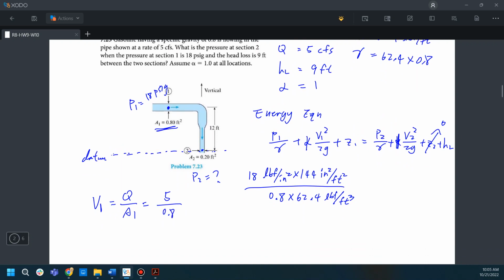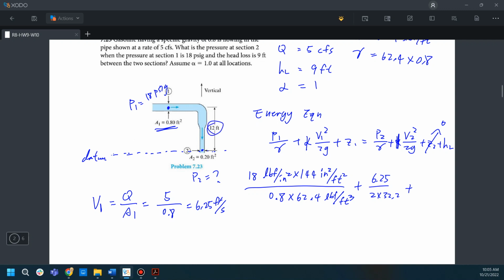Okay, 0.8. This gives us 6.25 feet per second. Okay, so plus 6.25 squared divided by 2g, and g is 32.2 feet per square second, and plus Z1.